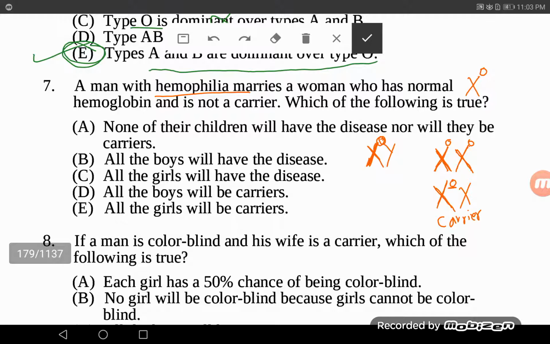So for a sex-linked trait in the woman, both X chromosomes should carry this trait. In case one of them is carrying it, she will be a carrier.